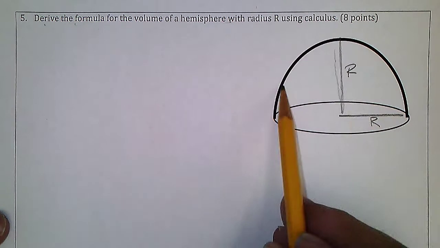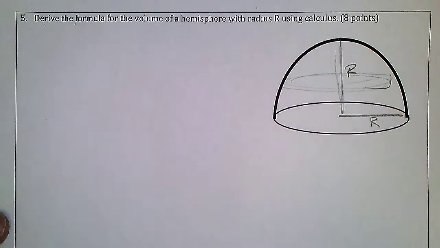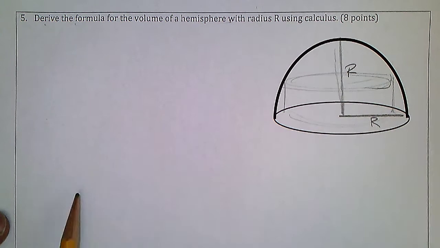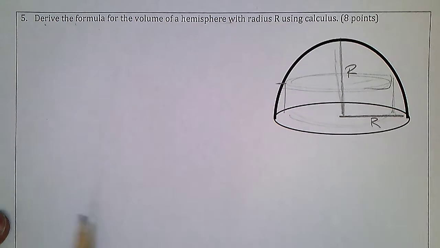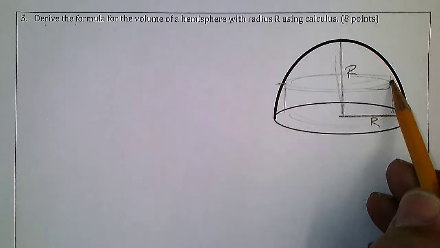Well, I think I would slice this horizontally to make a disk, because slicing it this way, doing the shell, it could be done with shells. I'll just do the disk method. I think I did both of them on the first video. Let's go ahead and do both of them here.